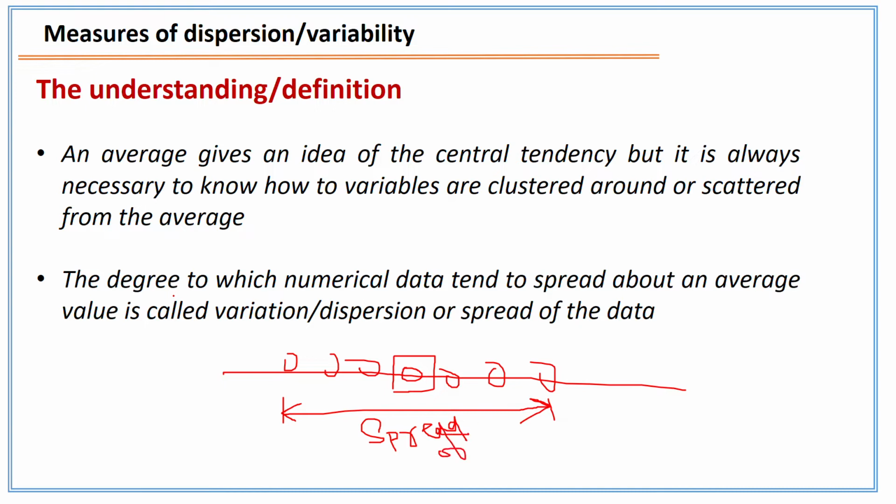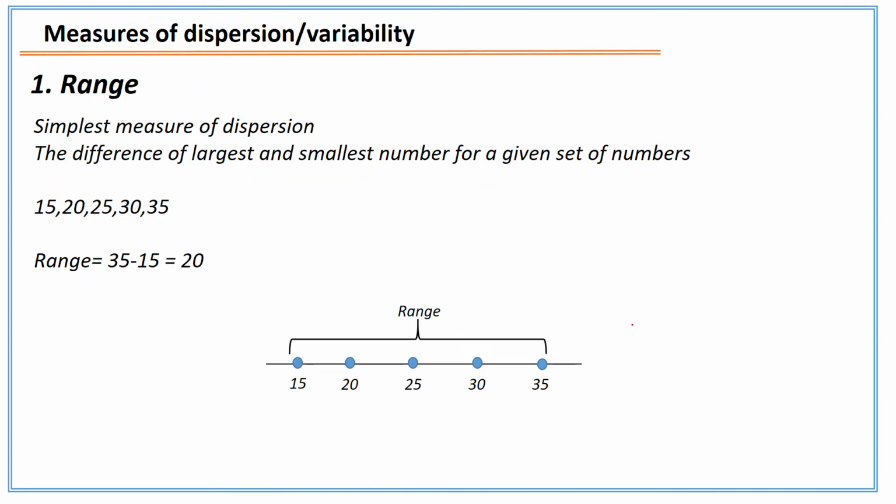Now, when we want to quantify it numerically, we have to see it in terms of variation or dispersion. The degree to which numerical data tend to spread about an average value is called variation or dispersion or spread of the data.